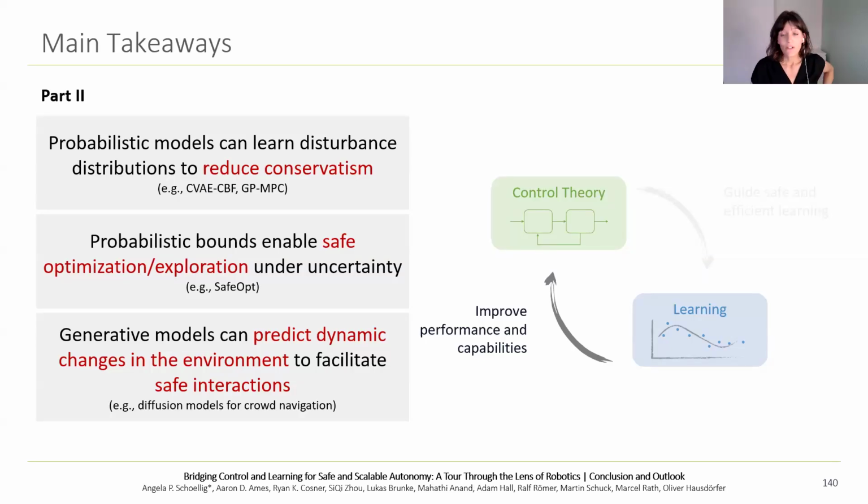These probabilistic bounds also enable safe exploration, and they can be used to predict not only the robot's own behavior or the system's own behavior, but also the environment. And you saw this, for example, with humans in the environment. We can predict their behavior in a probabilistic manner and take this into account in the control.